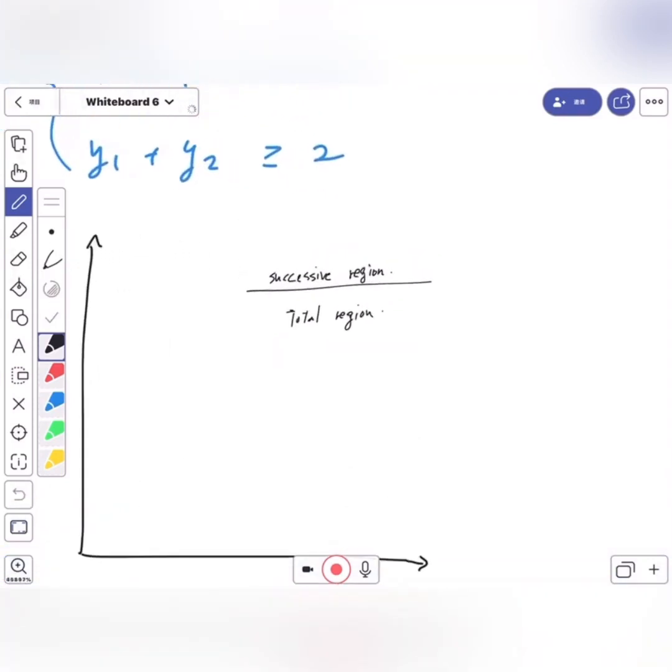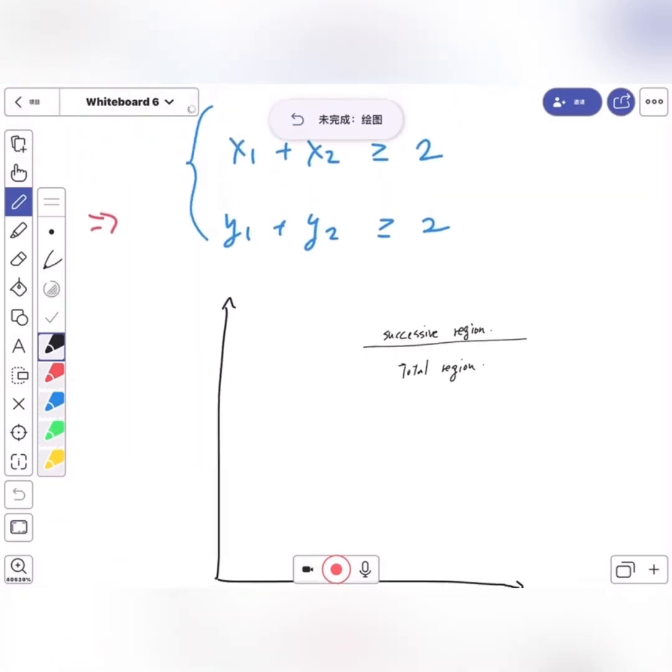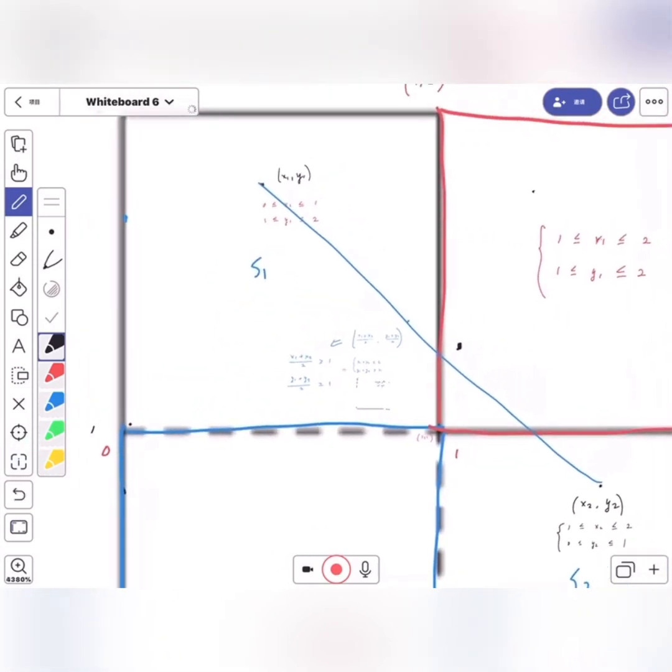So we're going to compute this value instead of the number of cases. Now let's think about that. Remind us of the restrictions.